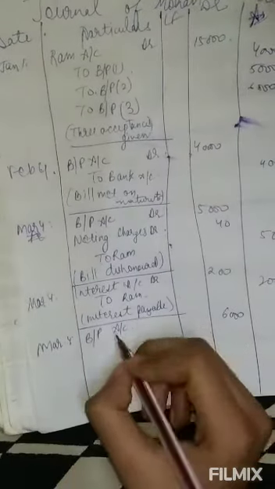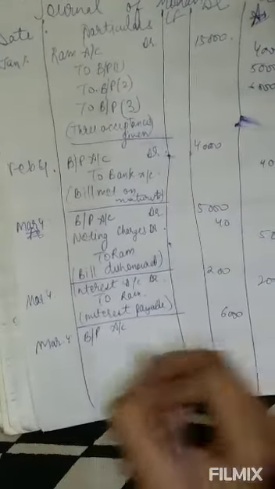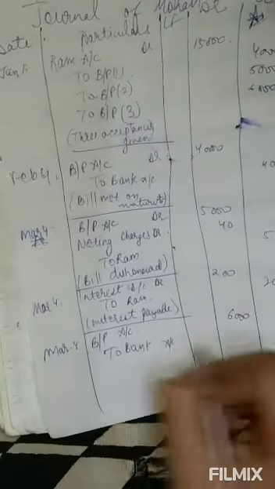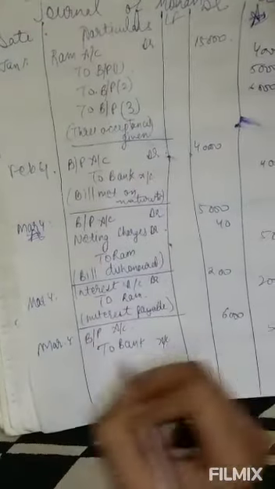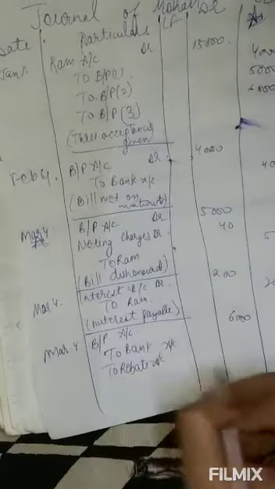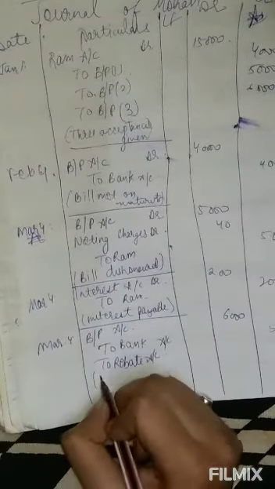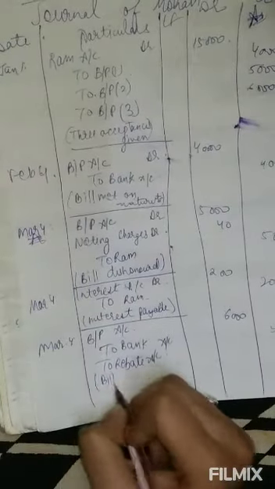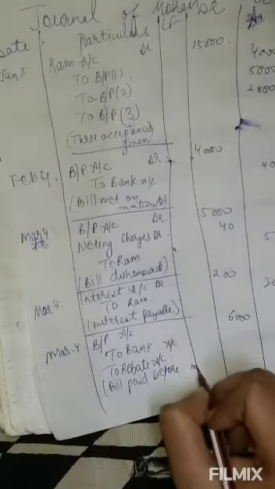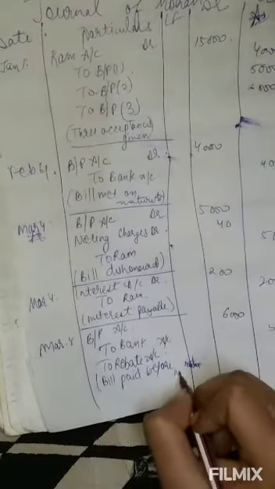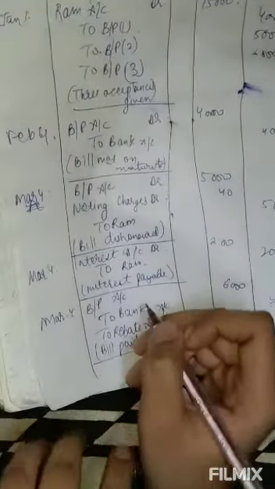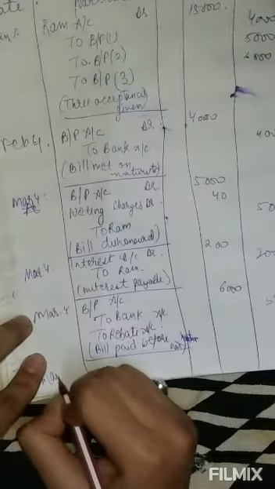So BP account debit 6,000 to bank account 5,925 and to rebate account 75. So here you will write that bill paid before maturity, right? Clear?